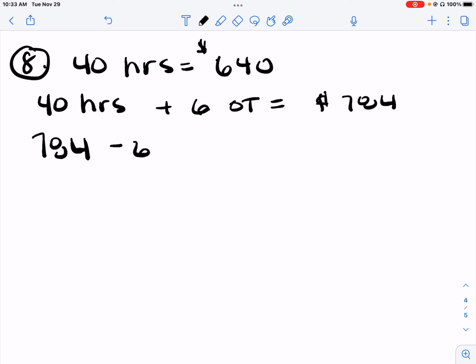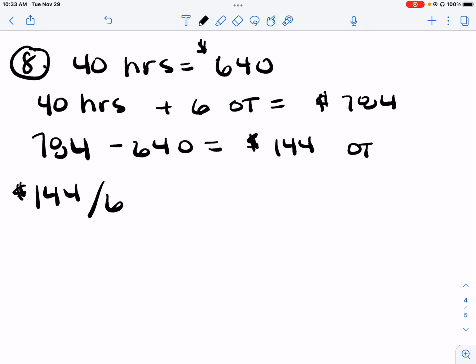So $784 minus $640 tells us $144 is the overtime pay. Well, there were 6 hours of overtime, so 144 total dollars divided by 6 hours tells us that it was $24 per hour.